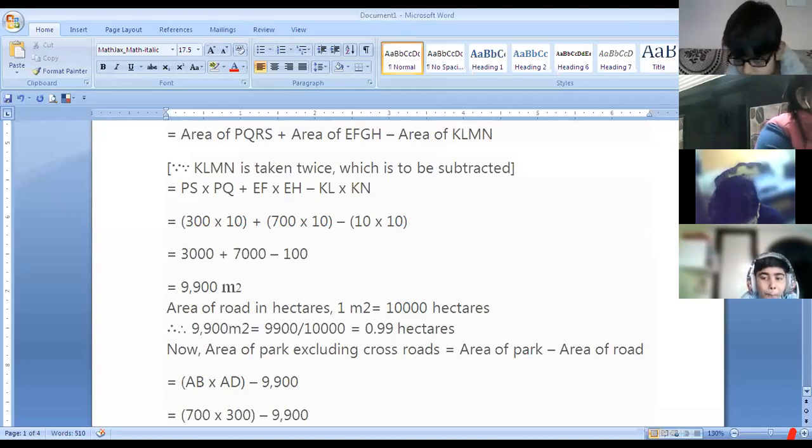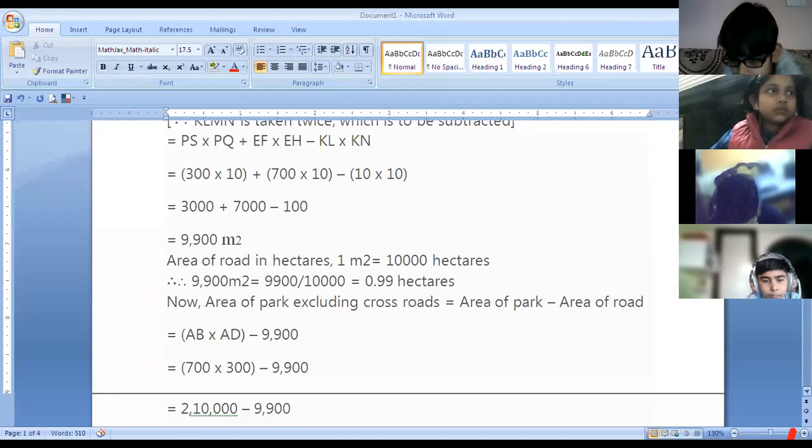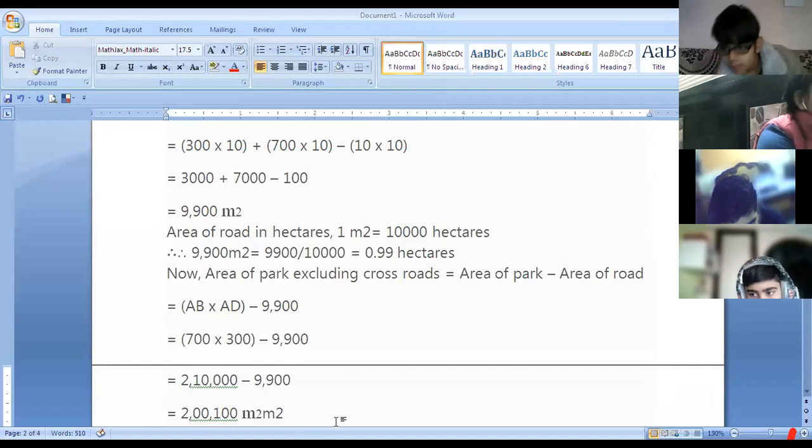Come on, children, start solving. Yes, that's correct, Avika. 210,000. That's right. Subtract 9,900. You will get 200,100 meter square.